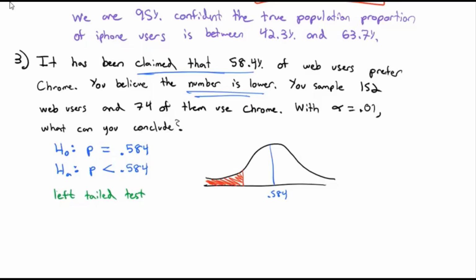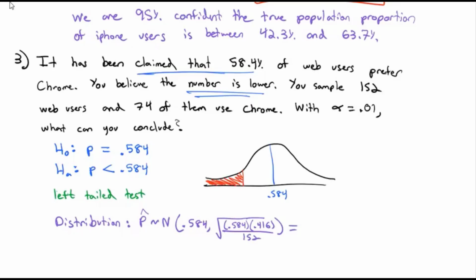So we have our distribution. We know that the proportion is normally distributed at 0.584 with a standard error of, using the null hypothesis, 0.584 times q, which is 0.416, divided by the sample size of 152, which means it's normally distributed at 0.584, comma, 0.0400 when we round.